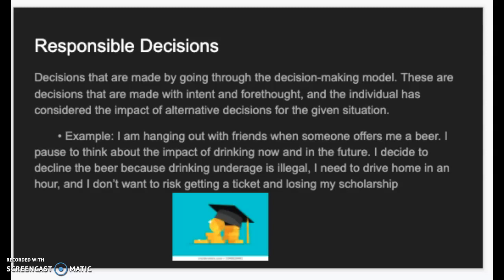So if we take that same decision from the previous slide, if you're at a party and somebody offers you a beer and you sit there and you think about all the different consequences, you think about the impact for now when you're in high school, the impact for your future. Maybe you know that you don't want to get in trouble with your parents, and you know that you're under the drinking age.